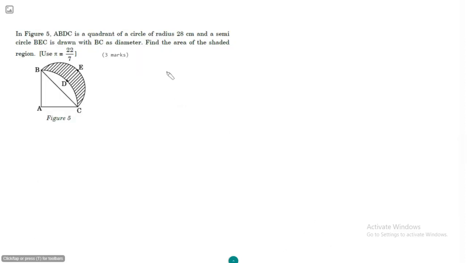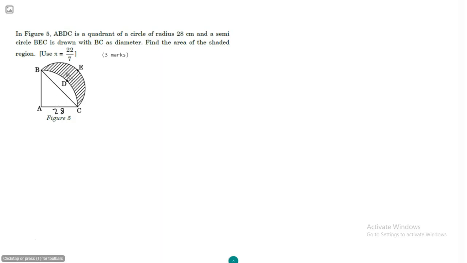Next question. In figure 5, ABDC is a quadrant of a circle of radius 28 centimeters. So this is 28. Semicircle BEC is drawn, right? So BEC is a semicircle with BC as diameter. Find the area of the shaded region. Okay, so here how will you find the area of the shaded region?